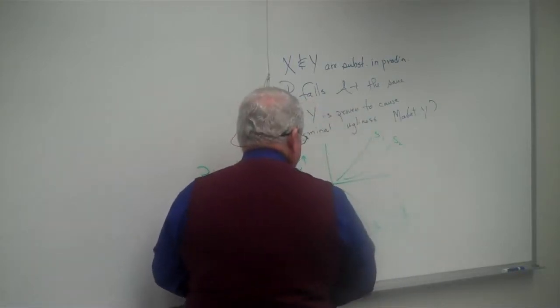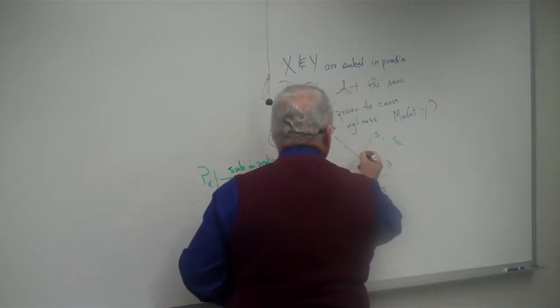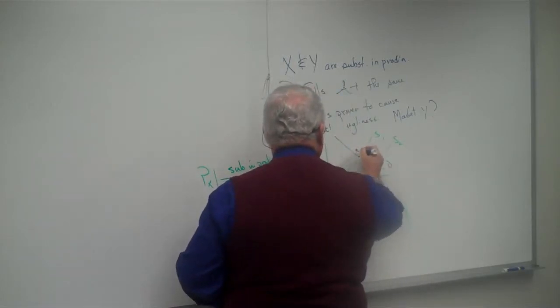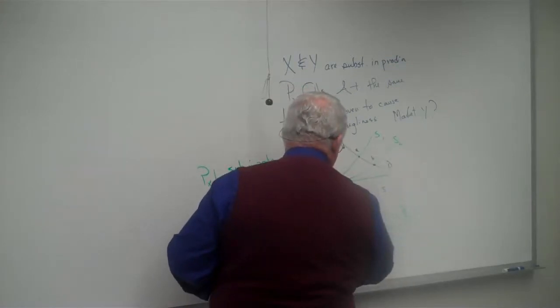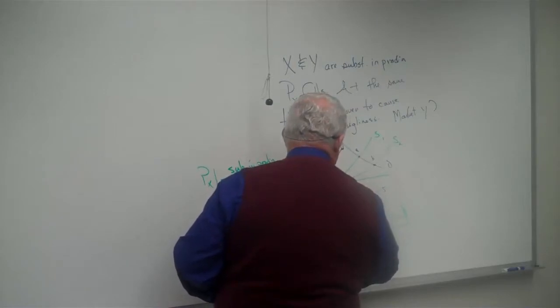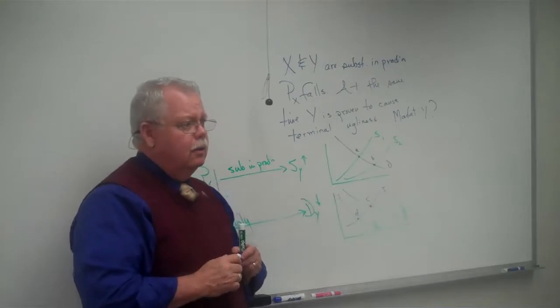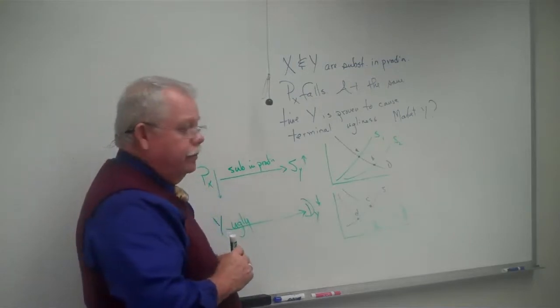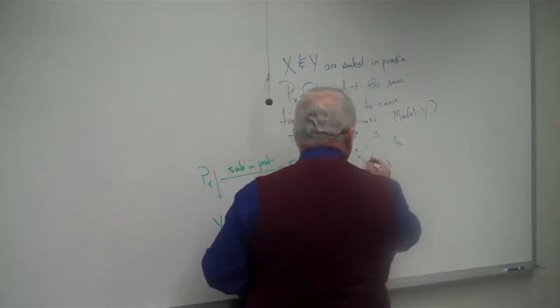Well, let's throw ourselves a supply curve in here for grins and a demand curve in here for grins. So we're going to go from A to B, or we're going to go from C to D. Everybody okay with that? So in the first graph, price decreases and quantity increases. Good.